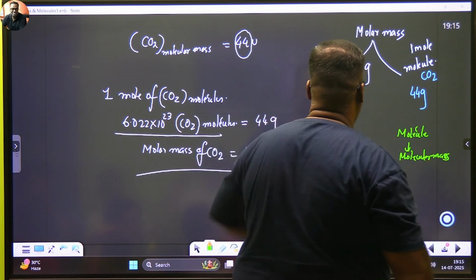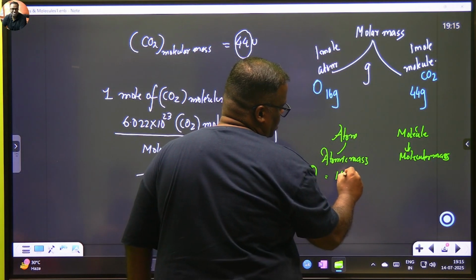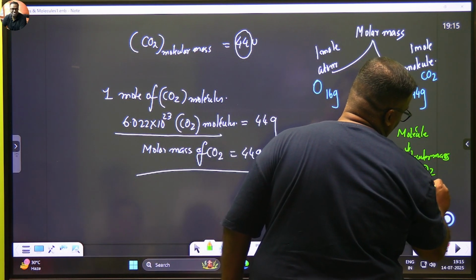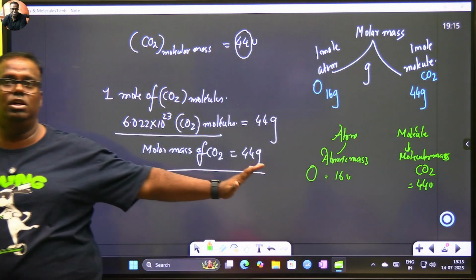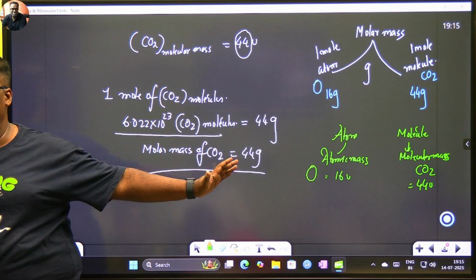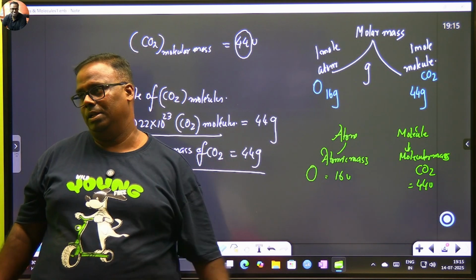If it is atomic mass, and I take oxygen, this is 16 U. If this is CO2, this is 44 U. I have tried my level best to make it clear. Have you understood the trick part of it or not? Numbers change nahi ho rahe hain, numbers wahi rehte hain, sirf unit badalta hai.